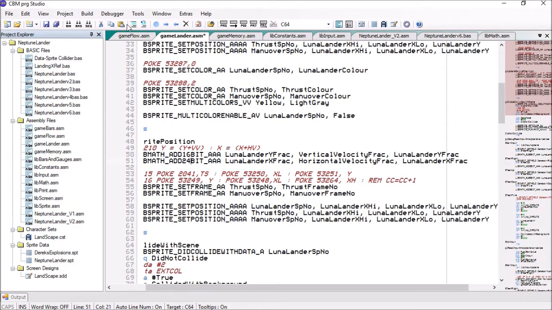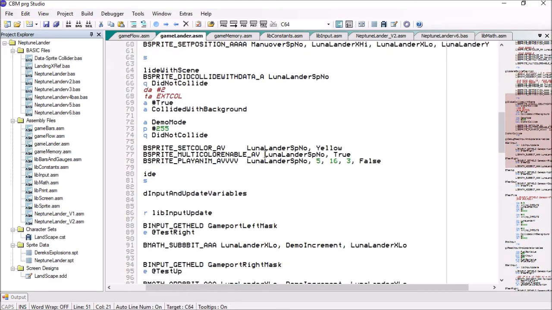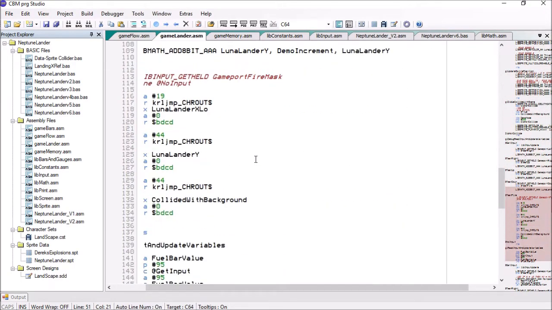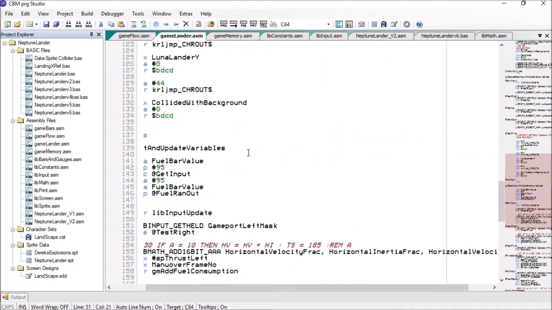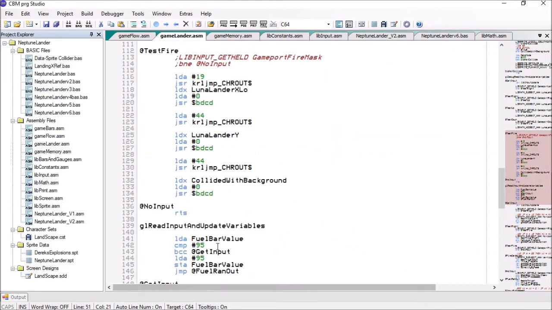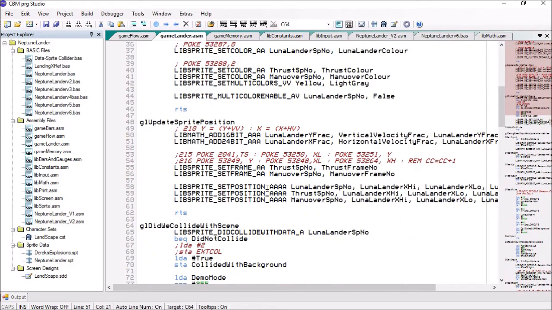Put it back in the x fraction. And the velocity fraction is fine, still 16-bit. Right, so the positioning of the sprite shouldn't have changed. Sprite position, X high. Right, that should allow us to get all the way to the edge of the screen.